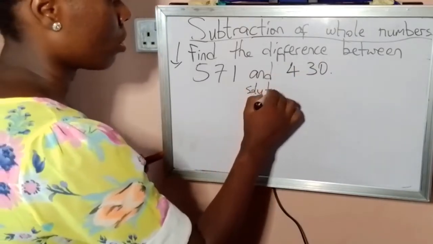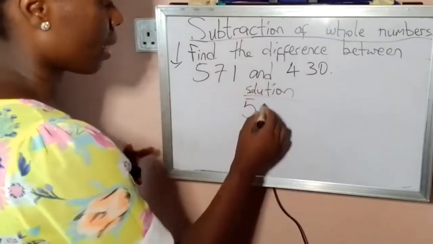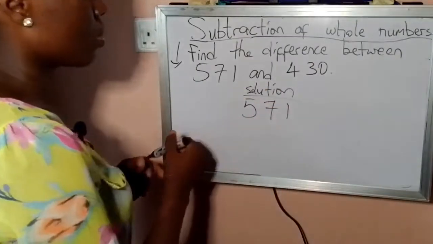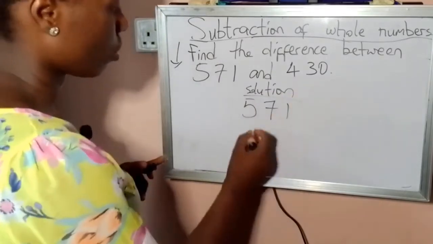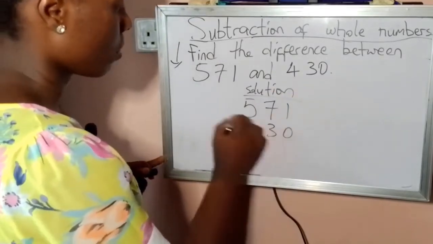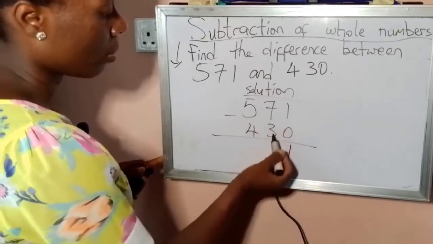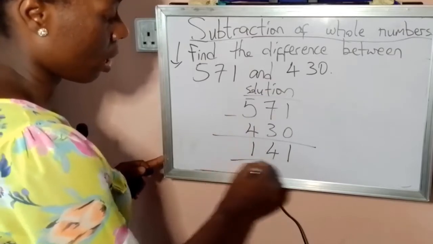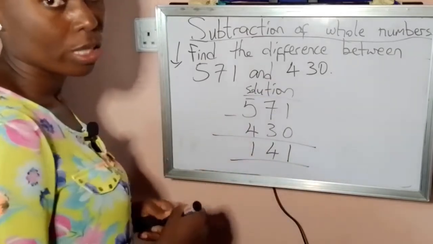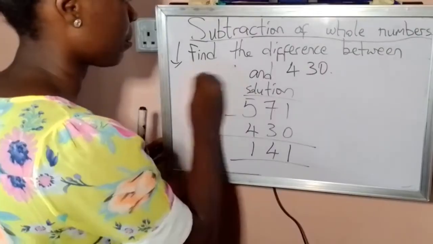Solution. You arrange them. These are both 3-digit numbers. So the bigger one comes first. 571 is bigger than 430. 1 minus 0, we have 1. 7 minus 3 is 4. 5 minus 4 is 1. So our answer becomes 141.